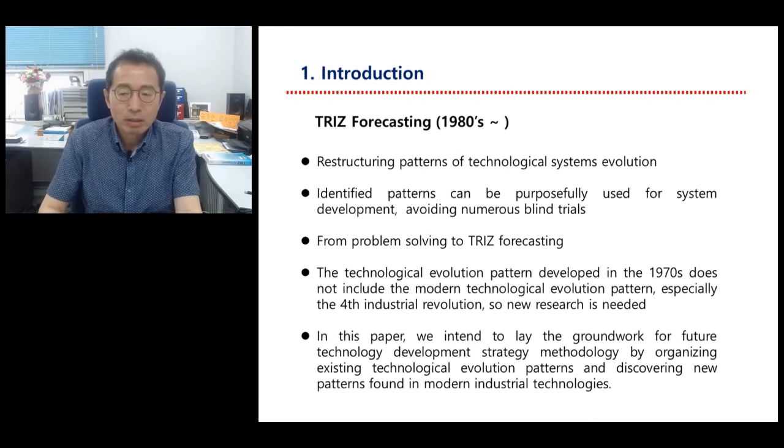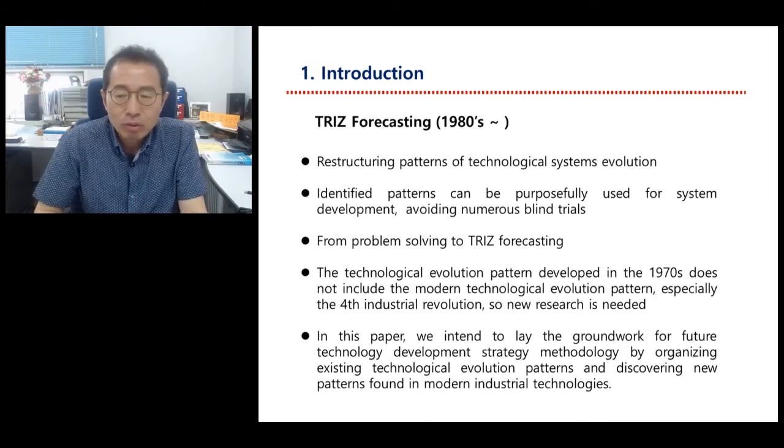In particular, additional analysis is needed, as there is no analysis of the technological development of the fourth industrial revolution. Therefore, this paper compiled the existing technological evolution trends and studied the new evolutionary patterns existing in modern industrial technology.